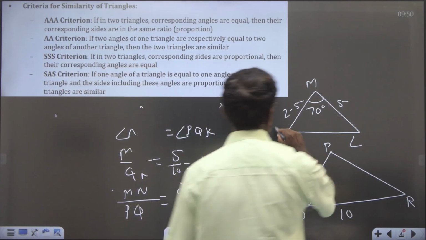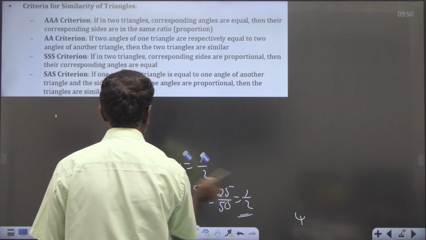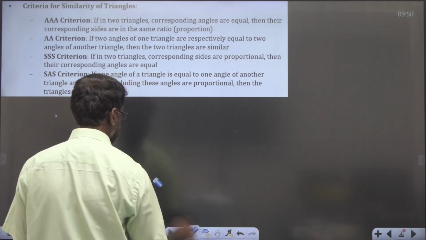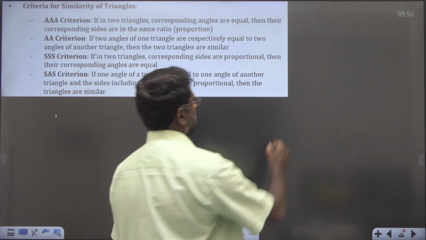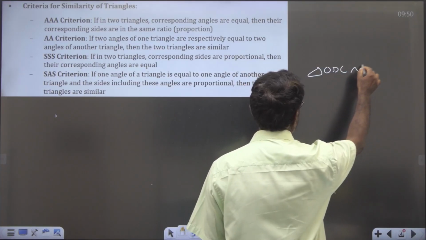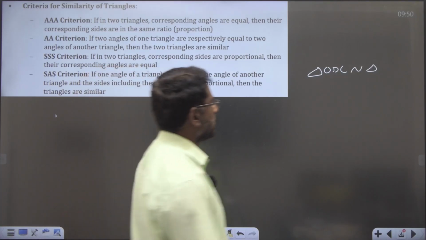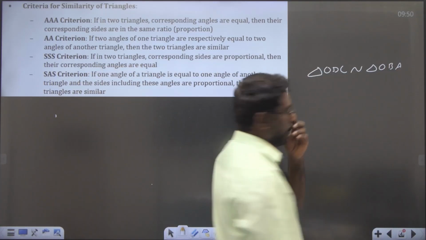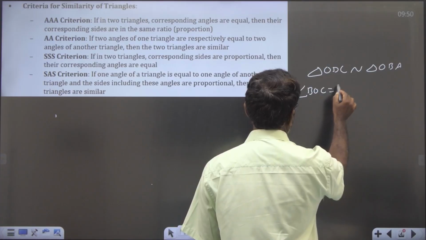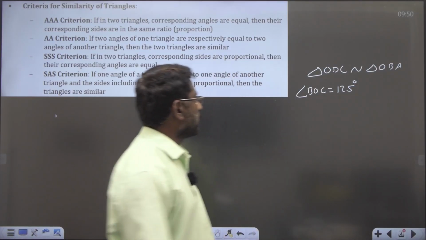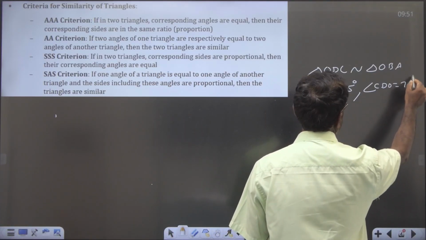In figure, triangle ODC similar to triangle OBA, angle BOC is equal to 125 degree, angle CDO is 70 degree.